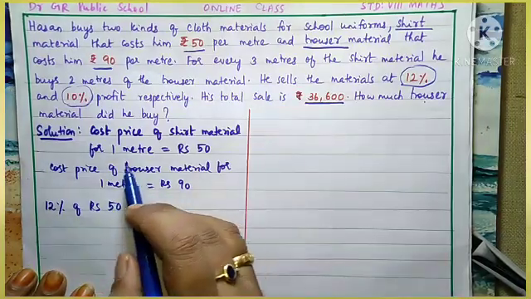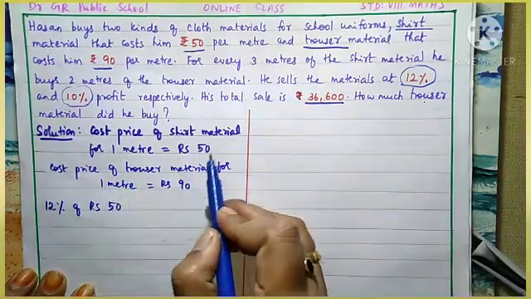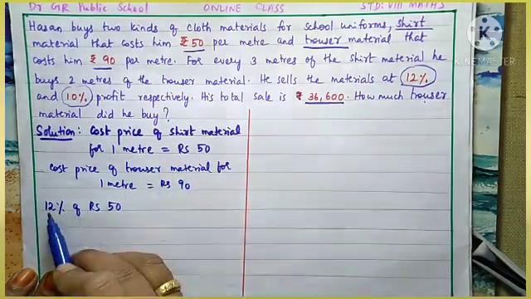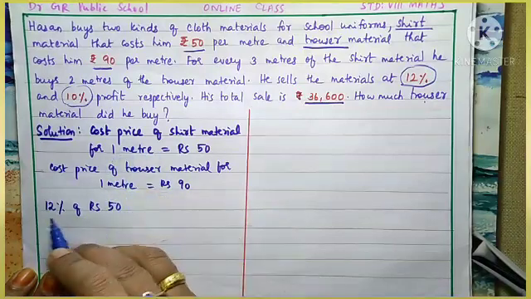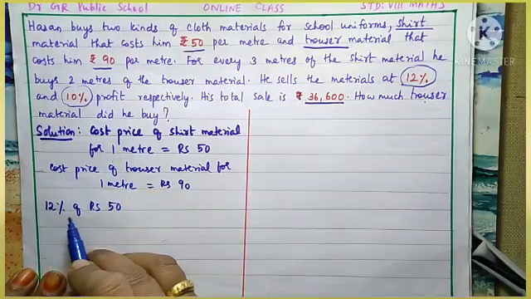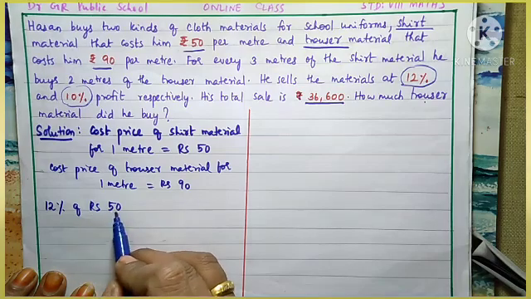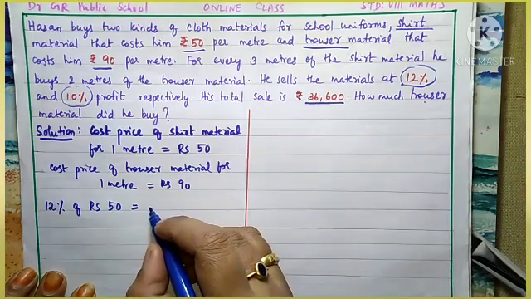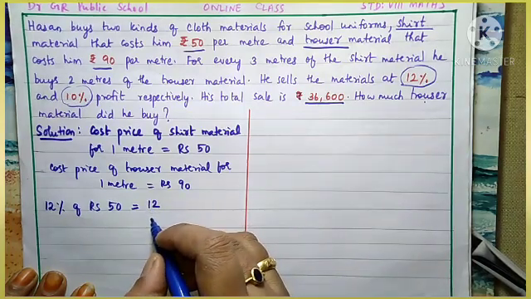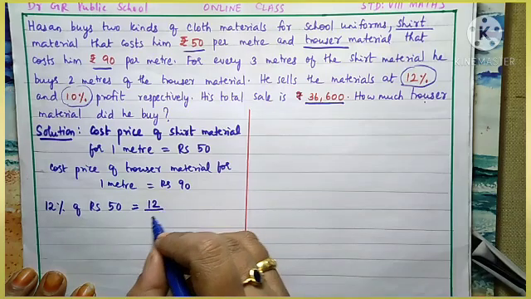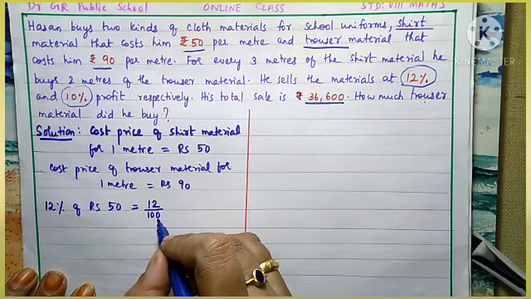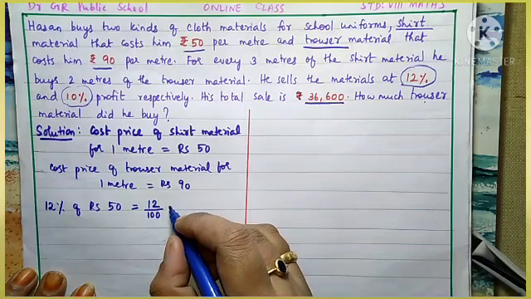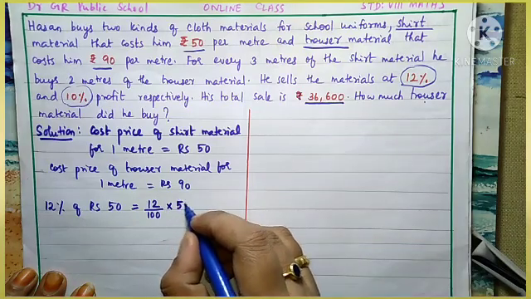Rupees 50 is the cost price of 1 meter of shirt material, so we want to calculate the profit on that 1 meter as 12% of it. In lower classes you studied that 'of' means multiplication. 12% means 12 by 100, that is, out of 100, 12 rupees. So 12% of rupees 50 means multiplication with rupees 50.